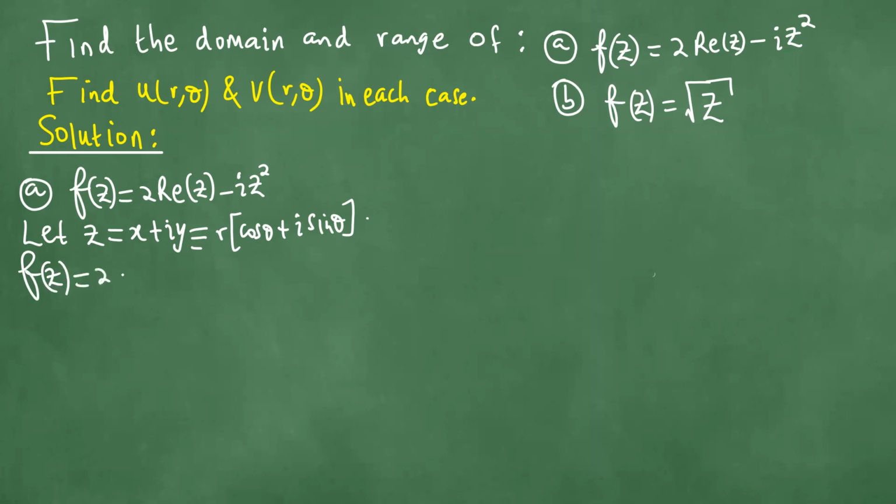So this is twice r into cosine theta plus i sine theta.